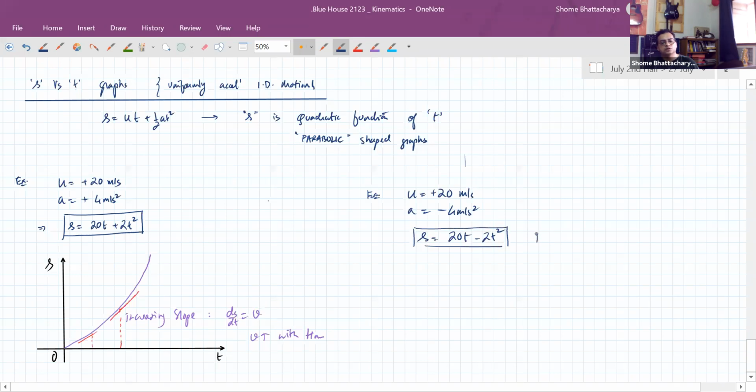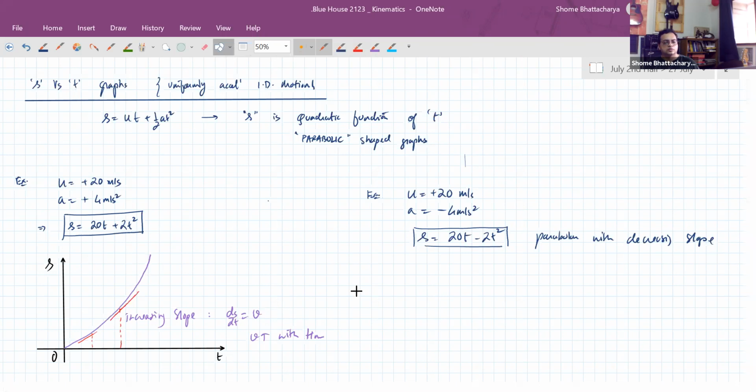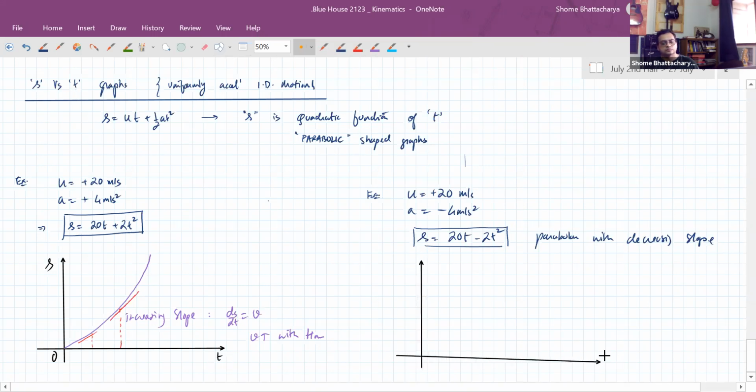So this will be a parabola with decreasing slope instead of increasing slope. So my S versus T graph here will look like this.